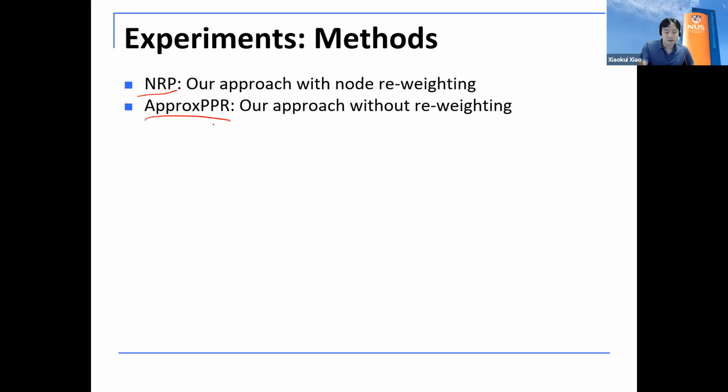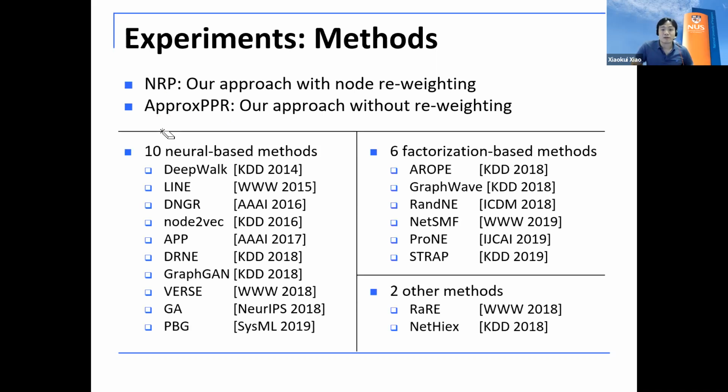The other variant is called approximate PPR, which does not have any rescaling and just uses the approximation of personalized PageRank for the embedding purposes. We compared these two variants with 18 existing methods. 10 of them utilize neural networks, while the other 8 are based on factorizations or some other approaches.